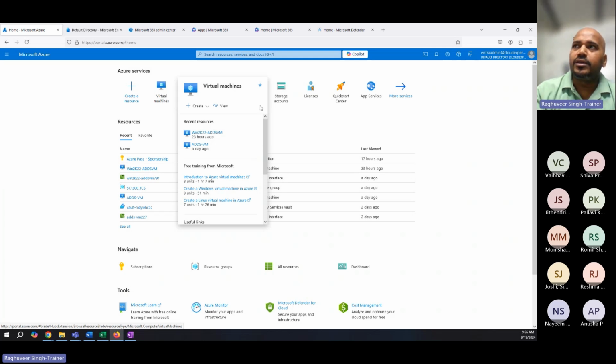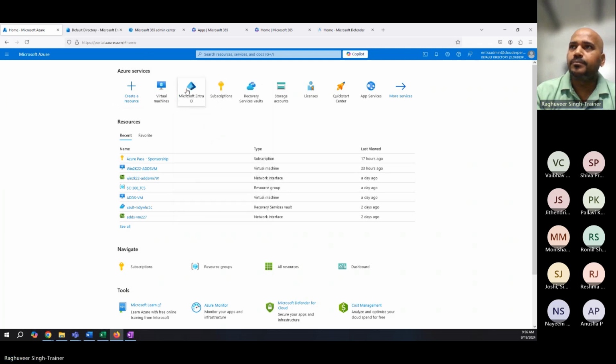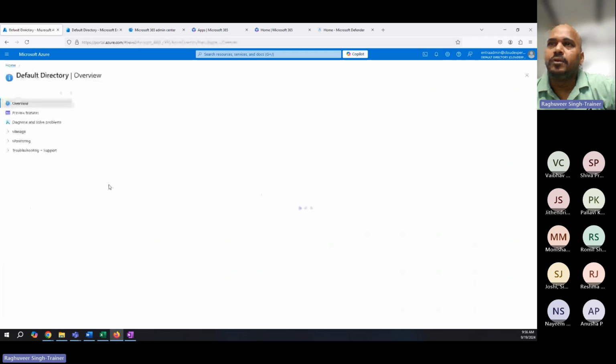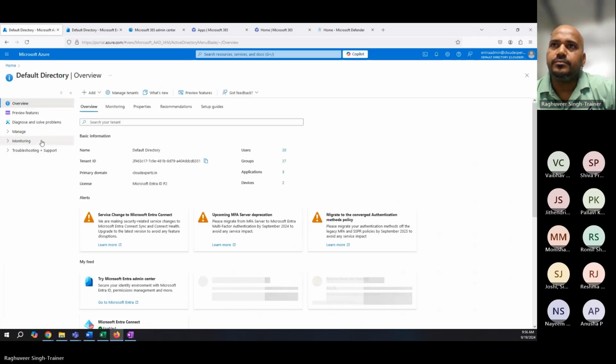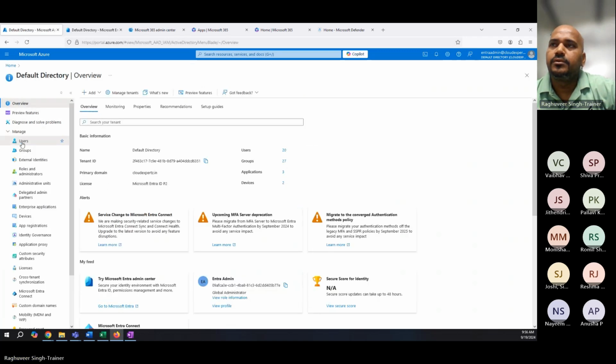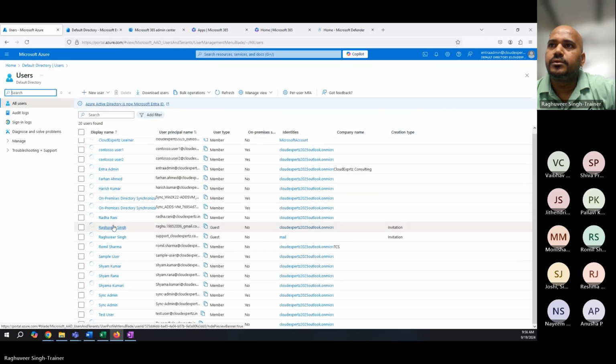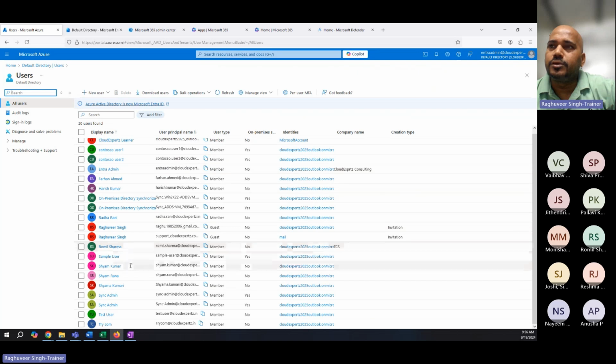So if I navigate to Entra, let's see a couple of users first. Let's look at these users. Let's say one user, which is Radharani.